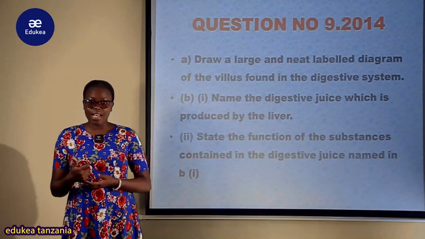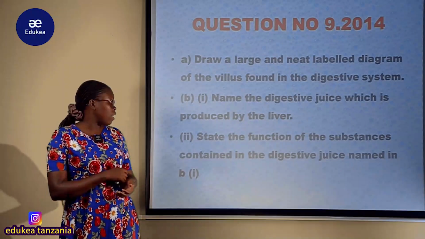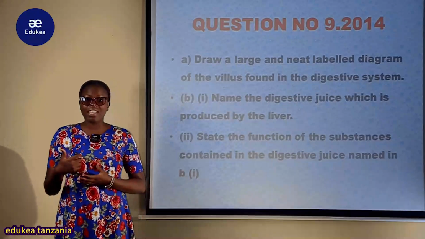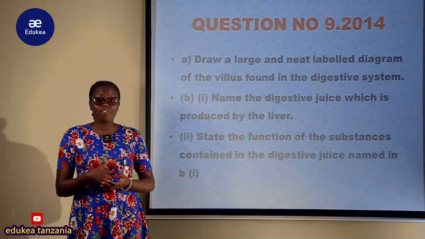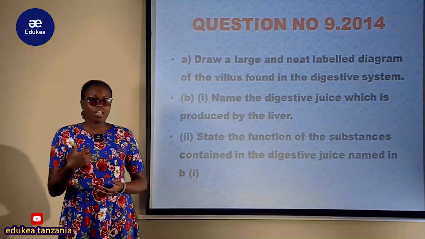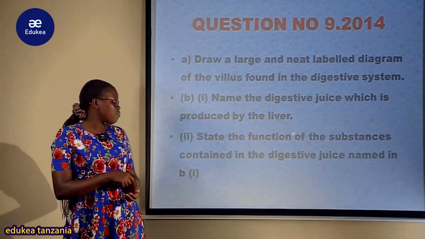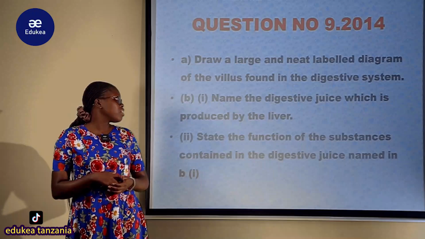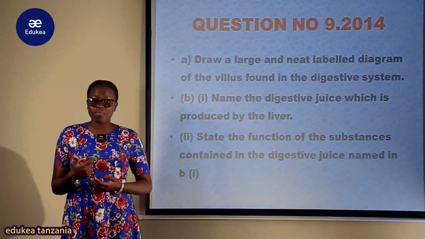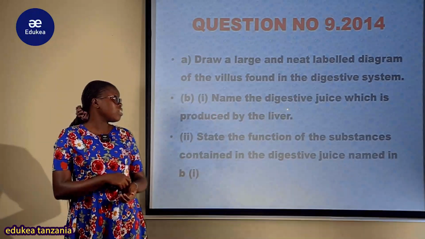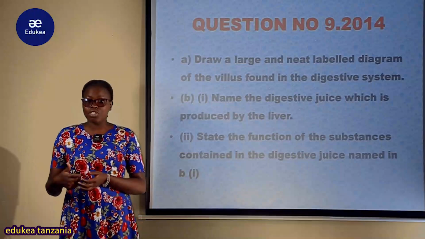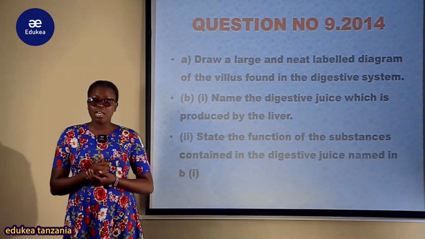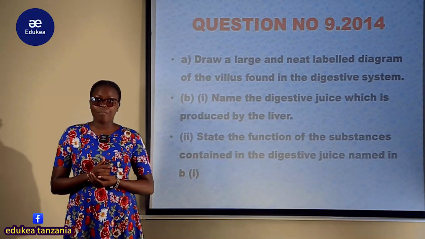Question 9, Roman B, Roman 1 states that you just name the digestive juice that is produced by the liver. And the last one, state the function of the substance contained in the digestive juice named above. So for the digestive juice named in B Roman 1, you state the function which is performed by that particular digestive juice produced by the liver.